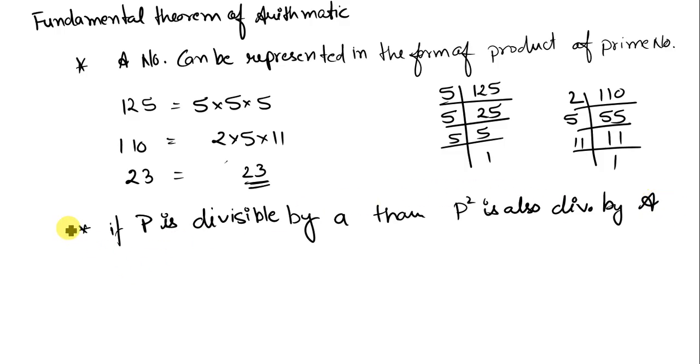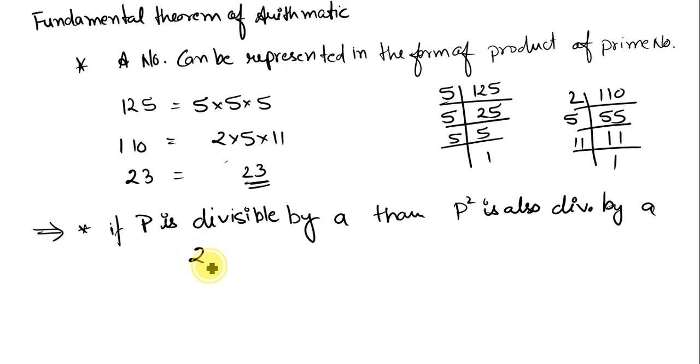Okay, so this is the way we are going to understand it, that commonly, if any number p is divisible by a, then p square will also be divisible by a. Oh, that will be a small a.